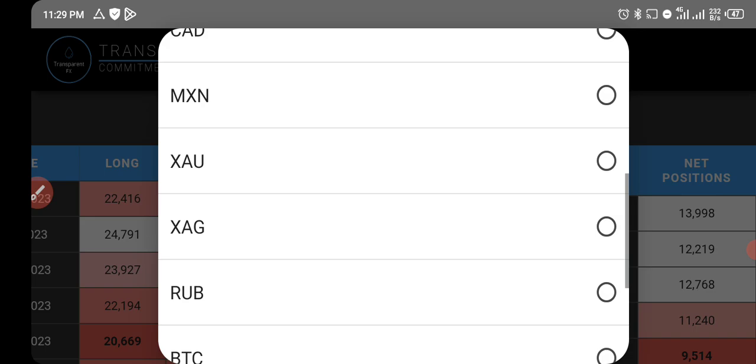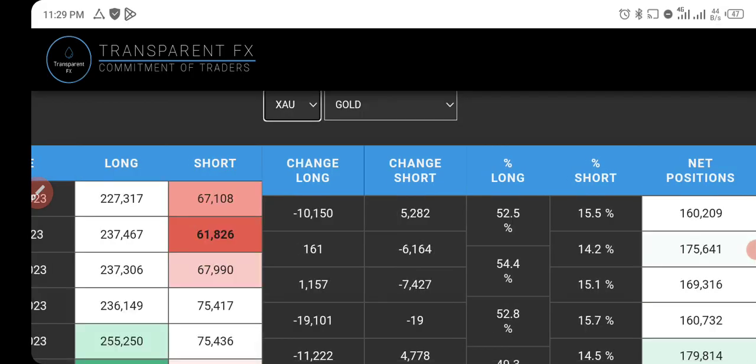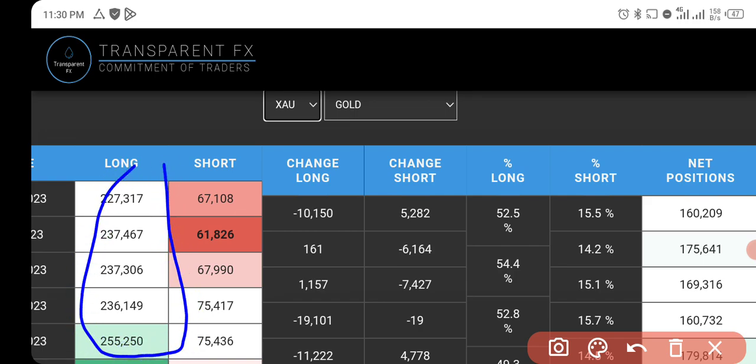So let's see what we have on gold, XAUUSD. Now you can see that gold, try to understand this, we have 227,317 long from here, and we have 67,000 short from here. Now this simply means that gold is bullish, but it's getting bearish.